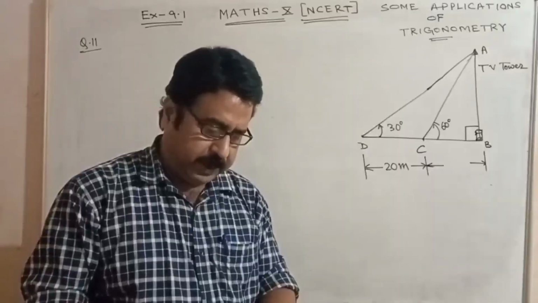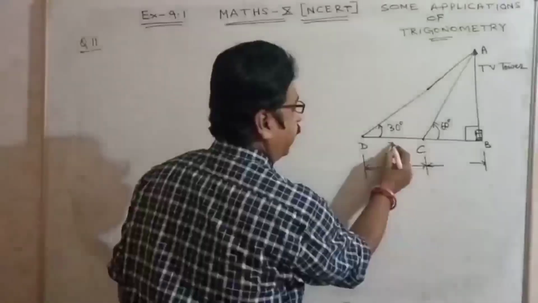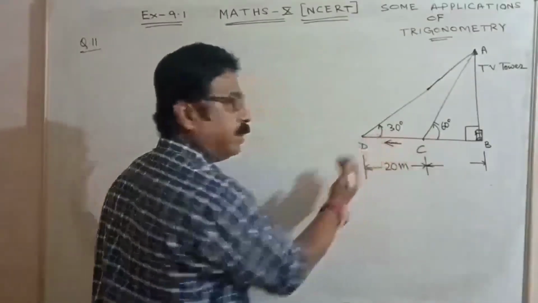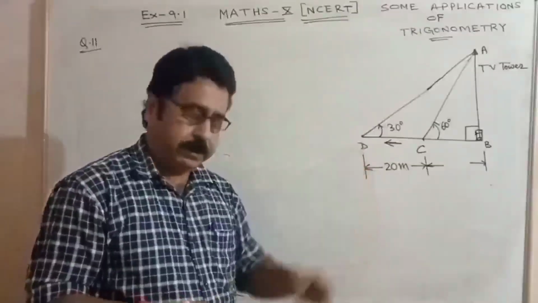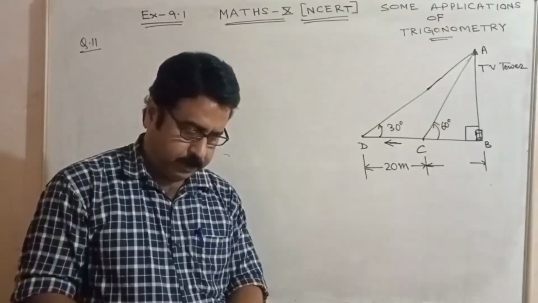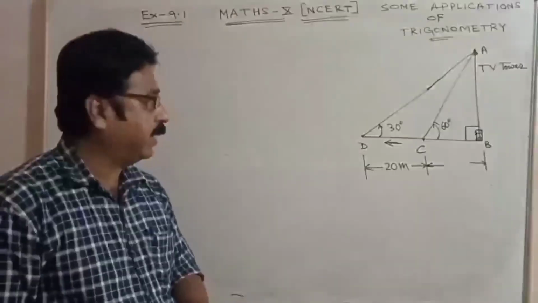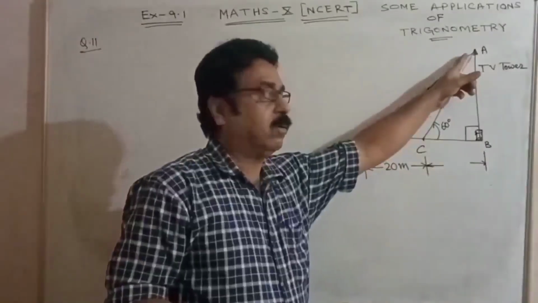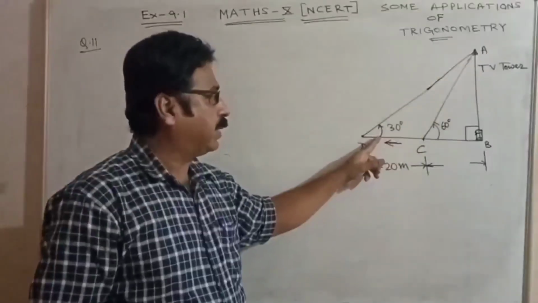From another point 20 meter away from this point, towards this side, C towards left, the point is D. The angle of elevation of the top of the tower from point D is 30 degree.